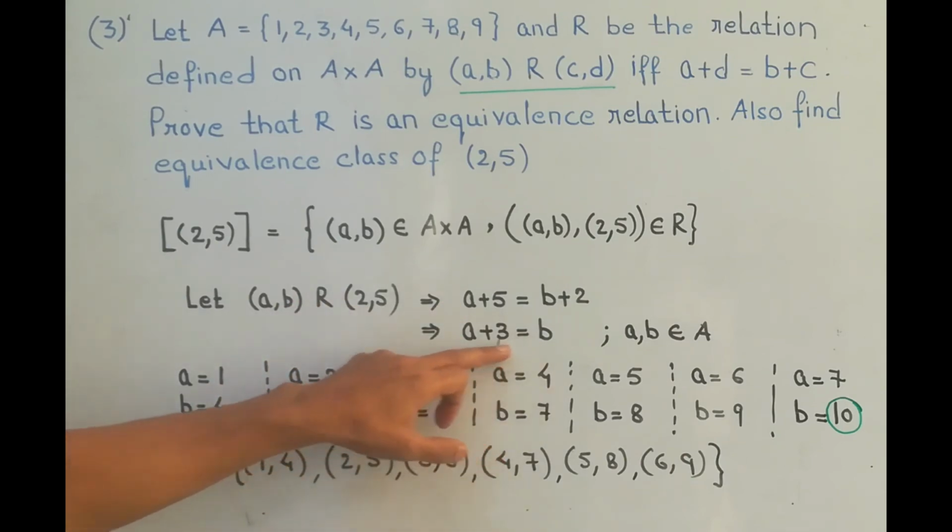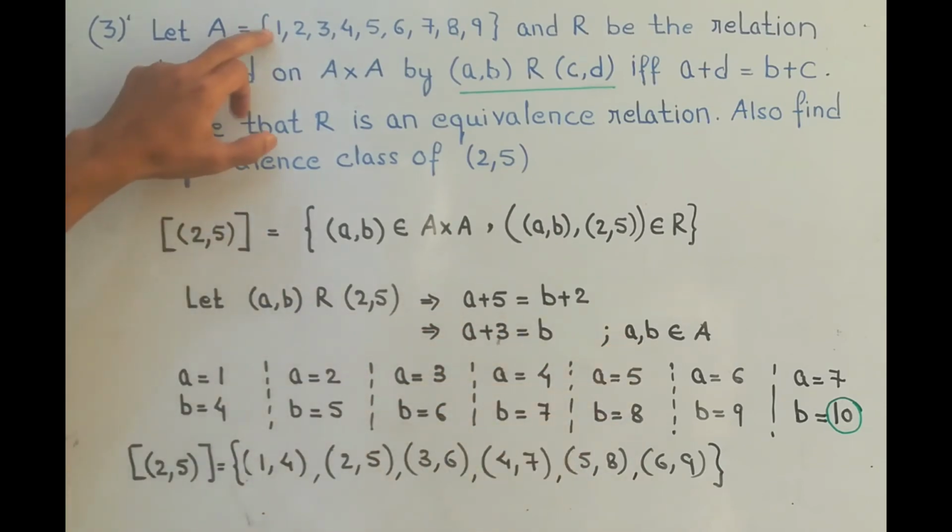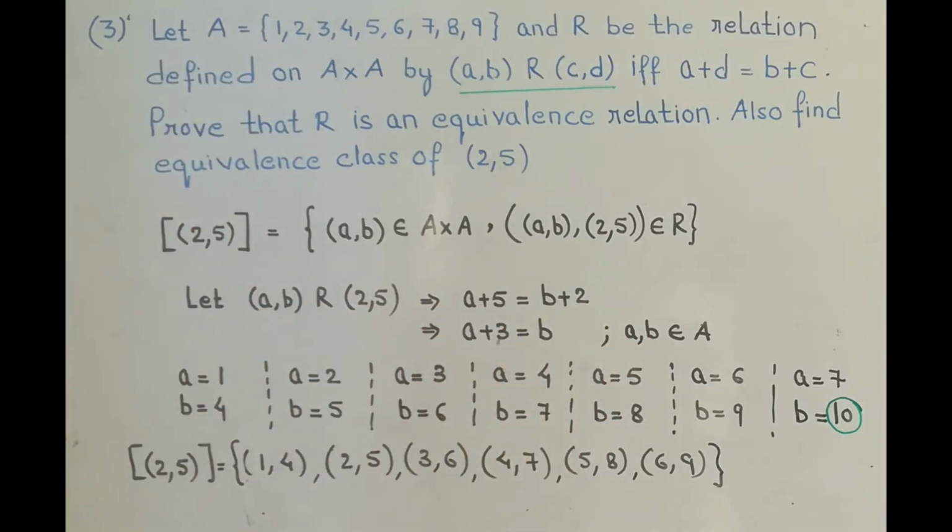And we are getting a relation between a and b, and the elements a and b belong to A. So from set A, you will substitute value for a and get value for b. And this will give you the equivalence class of ordered pair (2, 5). So you can note down this.